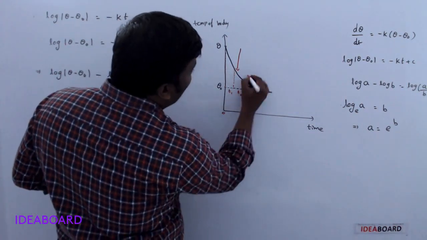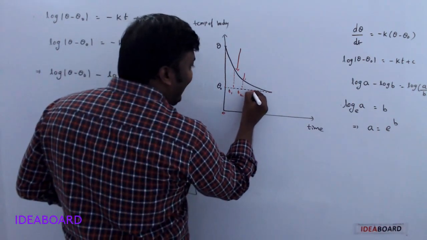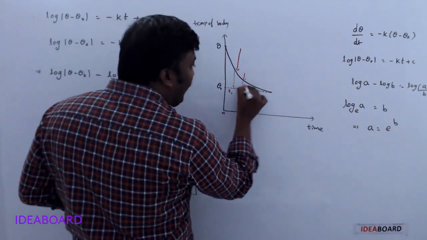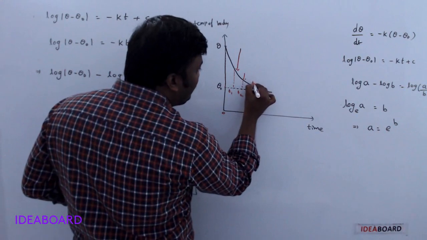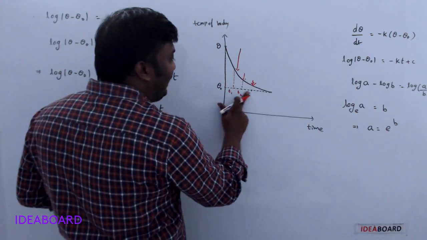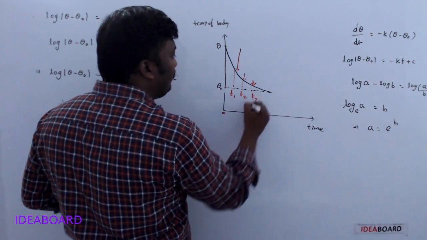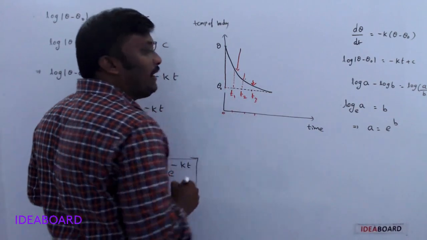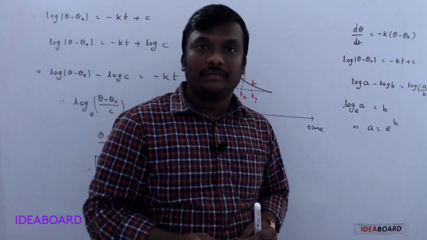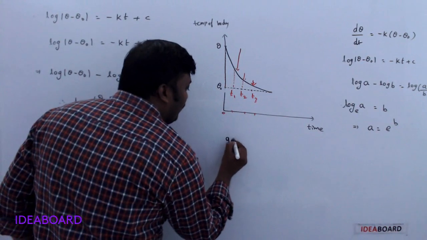The fall in temperature is only just this portion. Take another same time interval T3. Then the fall in temperature, just observe, is very small. Do you understand now? So here the time interval is the same, but the fall in temperature changes. In examination one time they asked a question. Listen carefully.